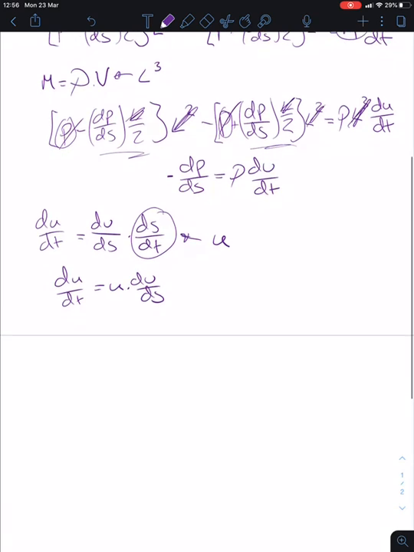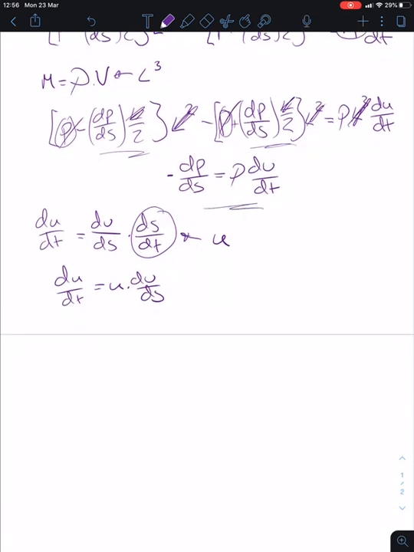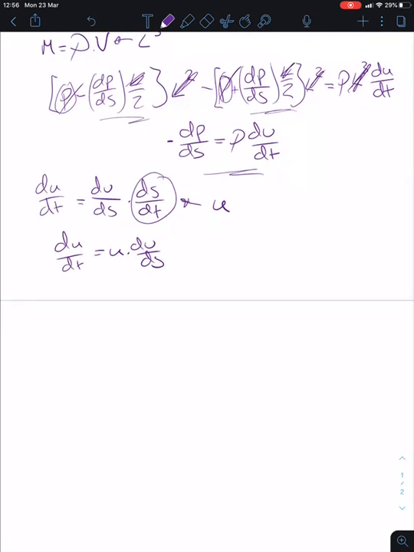We can substitute this back into our equation, and then we have minus dP by ds equals density times velocity times du by ds. And then the ds's on either side cancel, and this means our equation becomes minus dP equals density times u du.